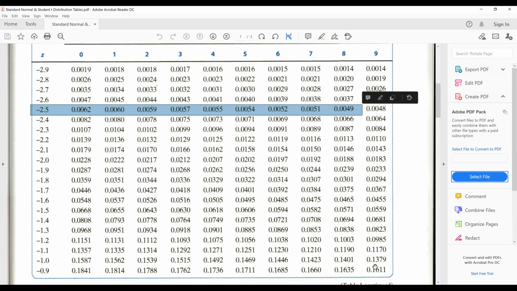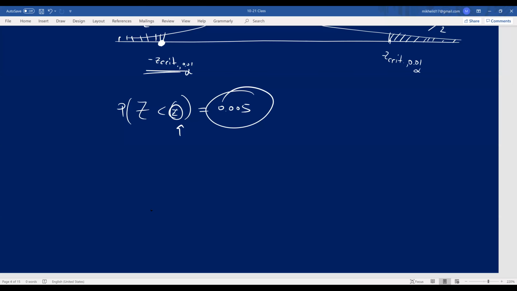Is there any time when it's positive instead of minus 2.58? Let me finish. Minus z critical at alpha 0.01 is minus 2.58, and this implies that z critical at alpha equals 0.01 will clearly be 2.58.